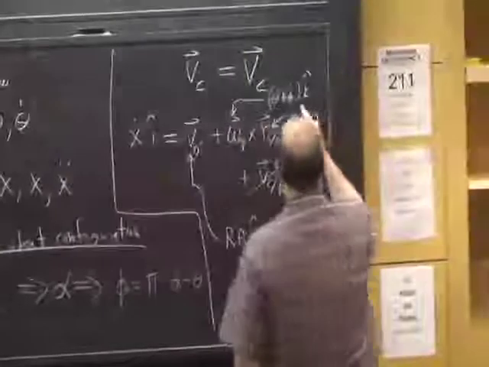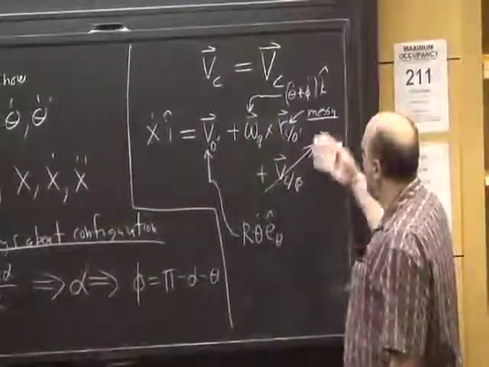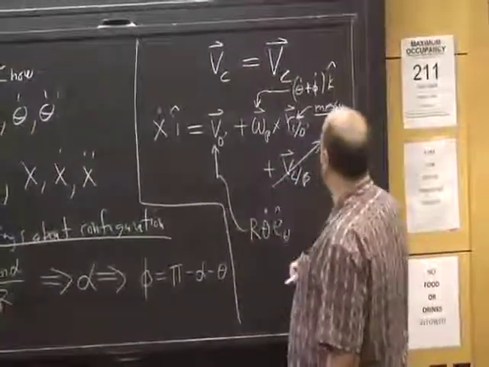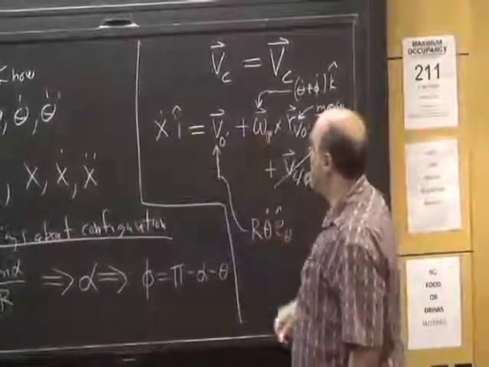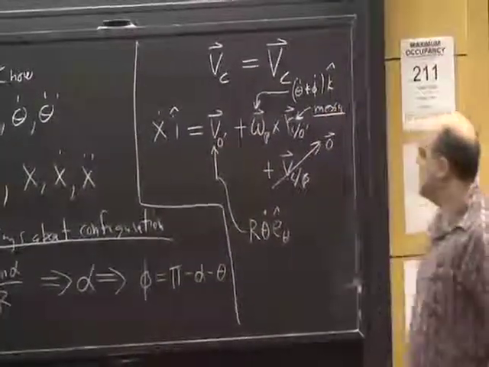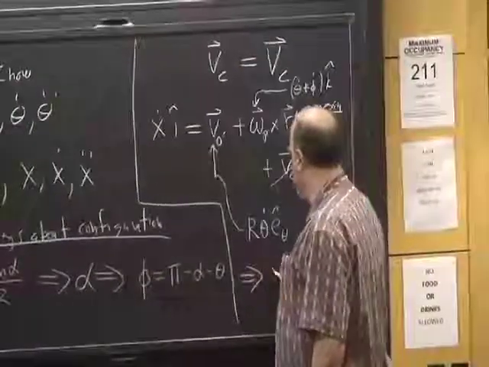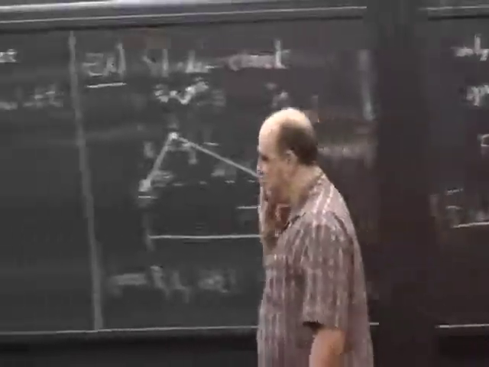But we know what this thing is. It's a messy thing, but we know what it is. When we write this whole equation down, we're told what theta dot is. We're told what theta is, so we know what this is. So we can solve for x dot. Okay, so when we take this equation, it will tell us what is x dot. Dot of the dot.